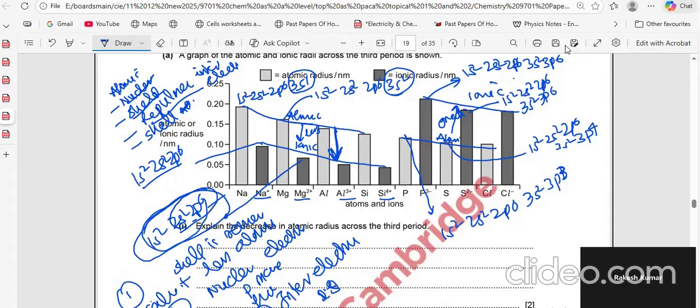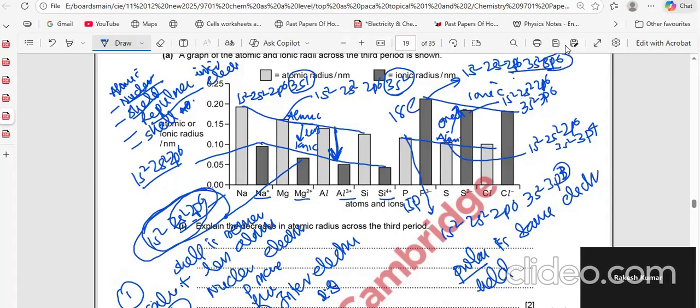Now, there's a difference in the anion. First, in nuclear charge, the proton number is the same, but the electrons have increased. So now they are held less tightly, because here it had 15 protons but 18 electrons. Three have been added to phosphorus. There were three and now there are six. So electrons are held less strongly.